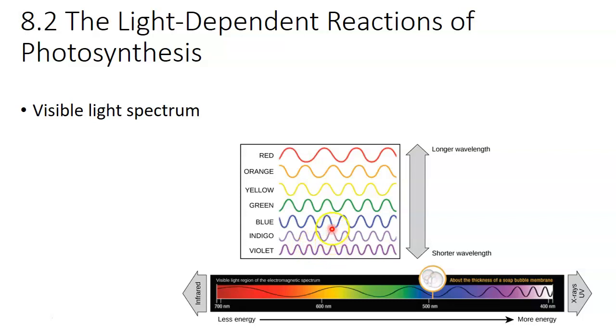And if we go out here to red, we find longer wavelengths, so a longer distance. And so if we were talking about energy, the shorter the wavelength, the more energy that type of light will possess. As we go towards red, that type of light is going to possess less energy.